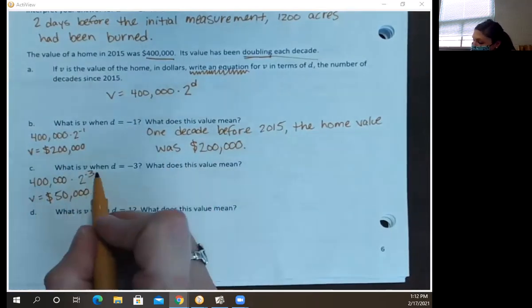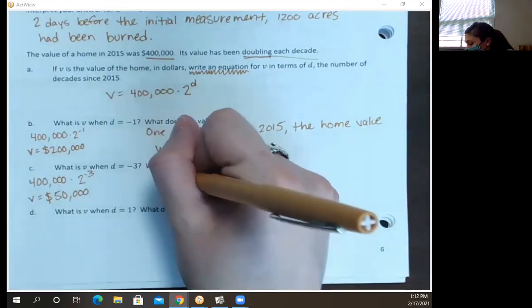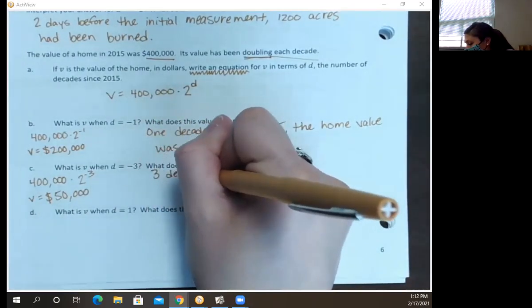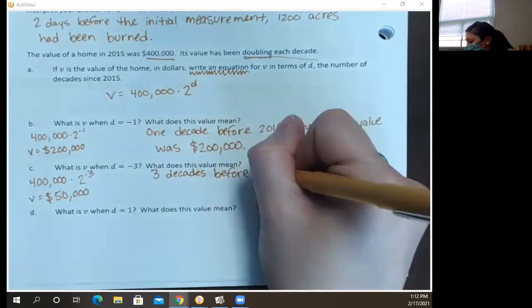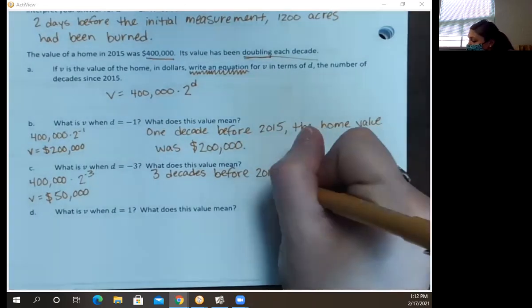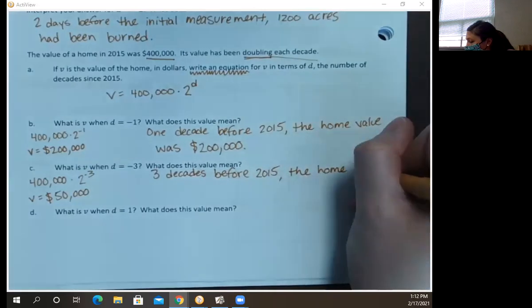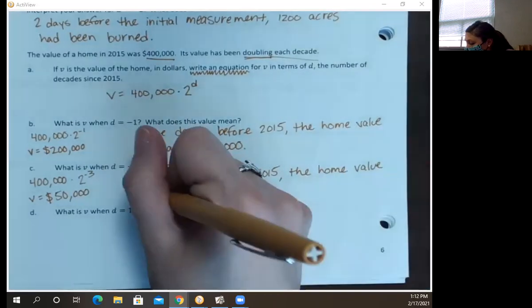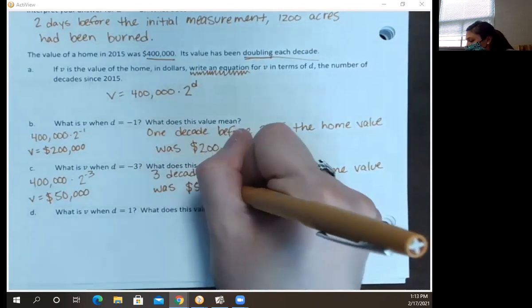So this would mean, since it's negative, 3 decades before. 3 decades before 2015, or 3 decades ago, or 1985, if you do that math. 3 decades before 2015, the home value was $50,000.